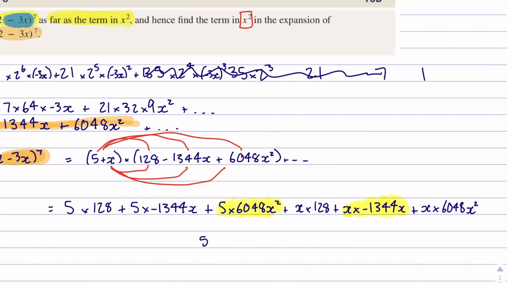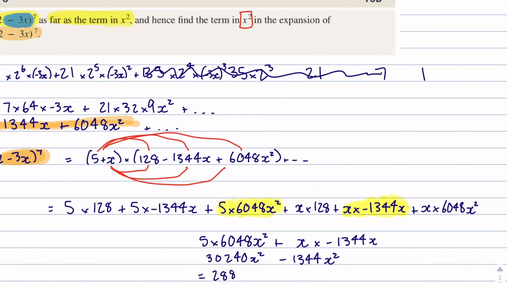So what we've got is 5 times 6048x squared plus x times negative 1,344x. 5 times 6,048 is 30,240x squared, take 1,344x squared gives me 28,896x squared.